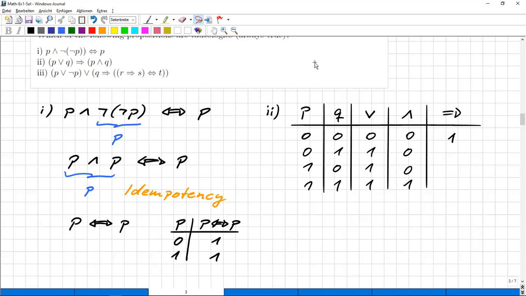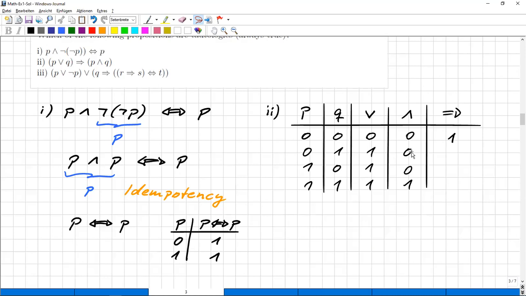So in this case, we see that if this were 1, this would have to be 1 also. So there is one contradiction case in the logical implication. We can call it the contradiction case. This is the case when the premise is true, but the conclusion fails.